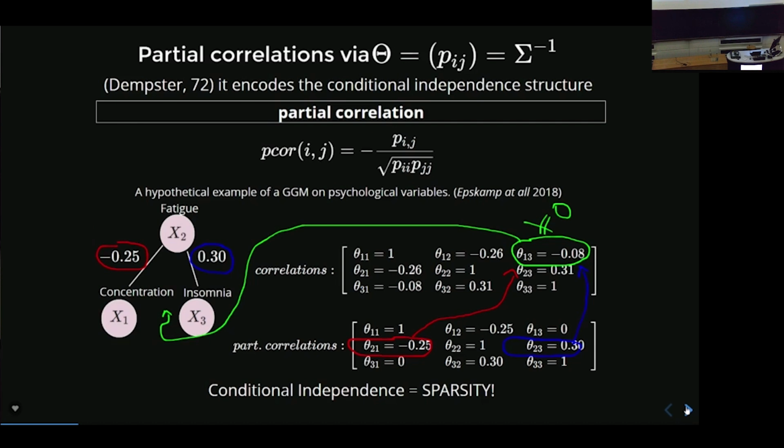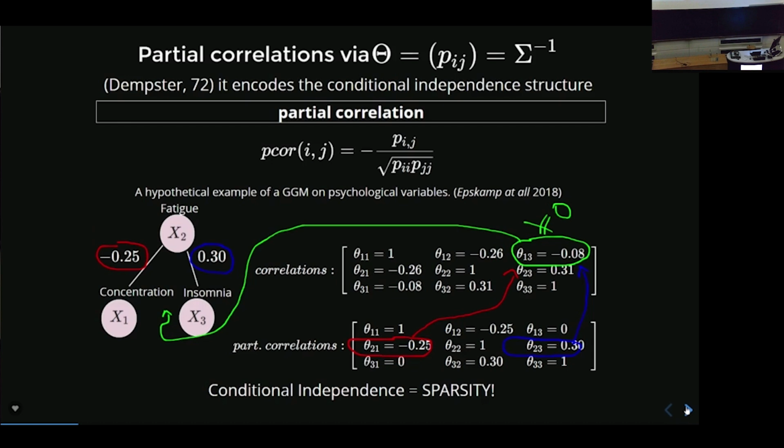So you have here these variables: fatigue, concentration, and insomnia. Here we have the partial correlation matrix. And you can see that we have a connection between fatigue and concentration and a connection between fatigue and insomnia. And that's why we can measure a correlation between the two.